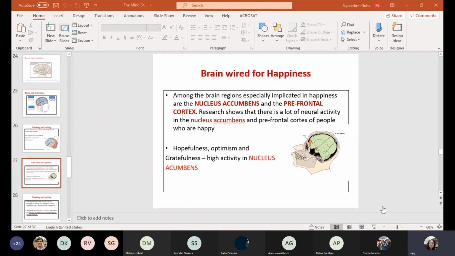It will tell you that there is electrical activity in and around the nucleus accumbens, but it cannot tell us specifically that this particular nucleus is active. But it's good. Yes, EEG is one of the mechanisms. Anybody else?